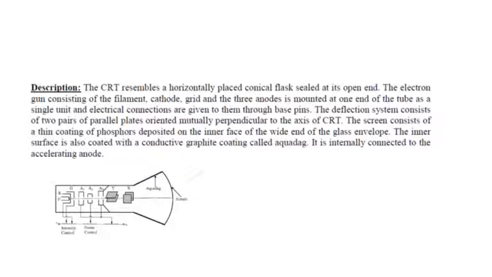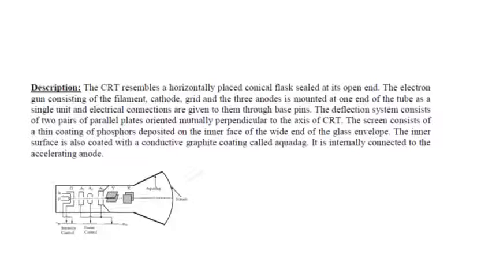The inner surface is also coated with a conductive graphite coating. That is called aquadag. You can see this on the slant areas close to the screen. It is internally connected to the accelerating anode.